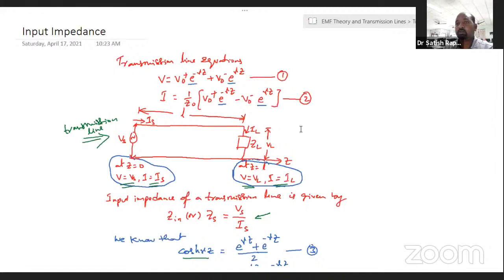So in my last class, I discussed one very important topic, that is the input impedance of a transmission line.